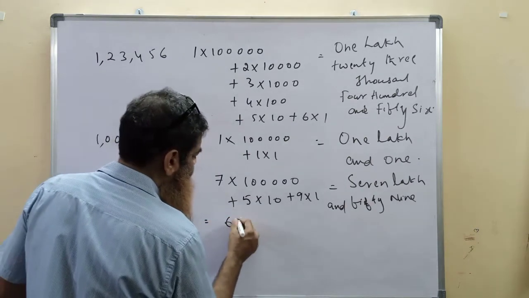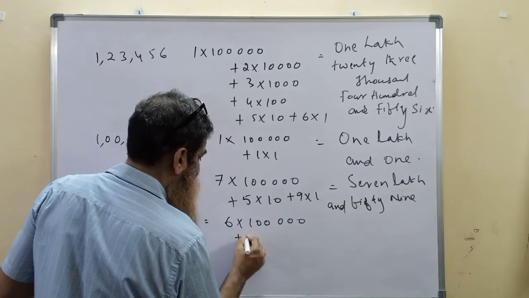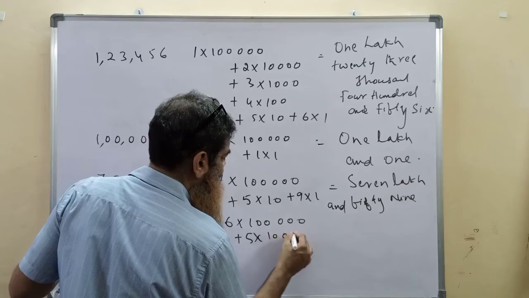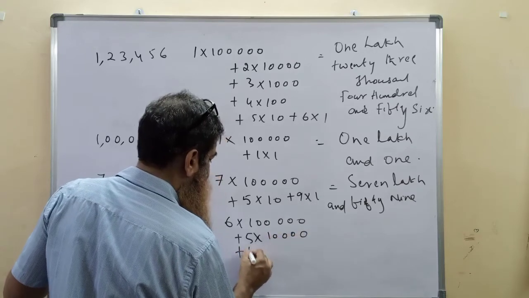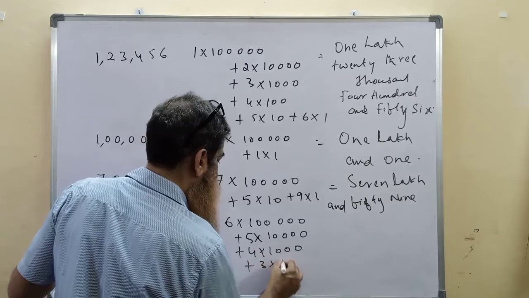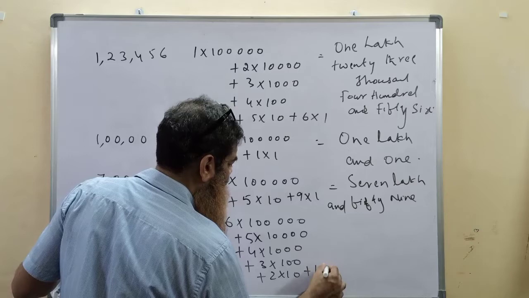Expanded form: 6 into 1 lakh, plus 5 into 10,000, plus 4 into 1,000, plus 3 into 100, plus 2 into 10, plus 1 into 1.